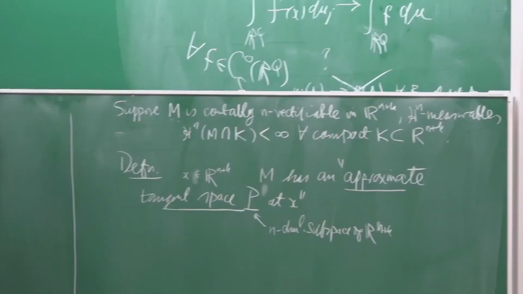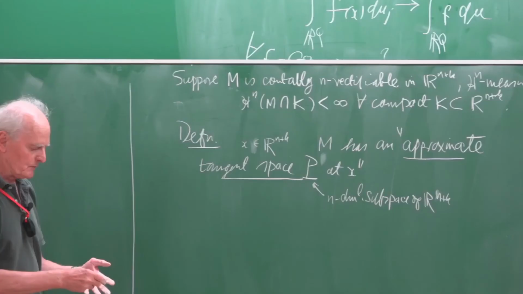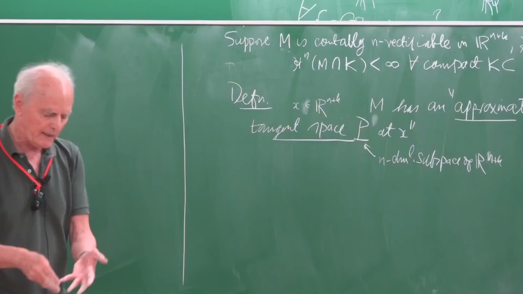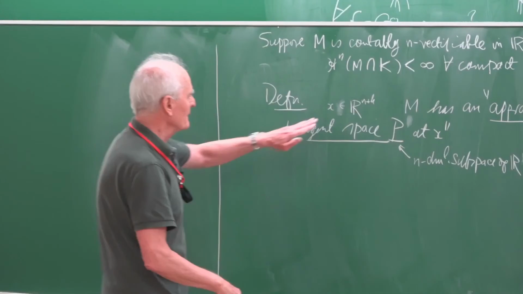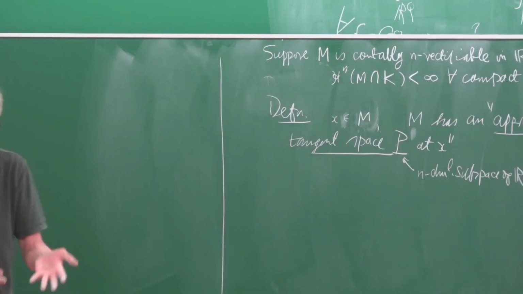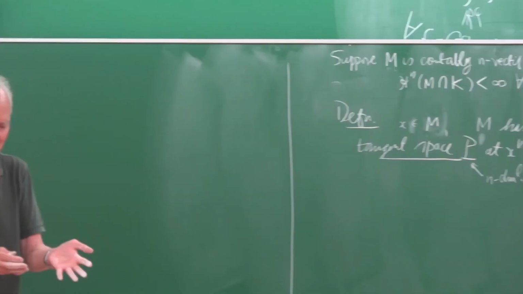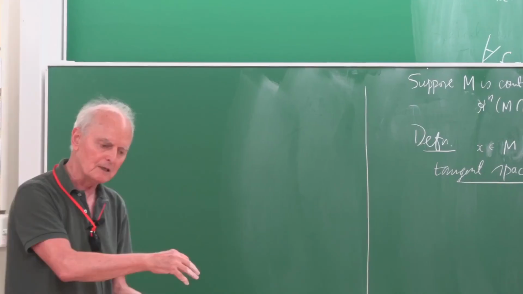You translate x to the origin and you blow up. For the moment let's take x in M; it really doesn't have to be in M, but you should think of it as being in M. What we're going to do is translate x to the origin and then blow up by homothety, a factor lambda^(-1).